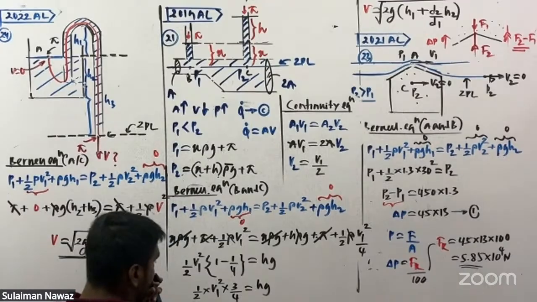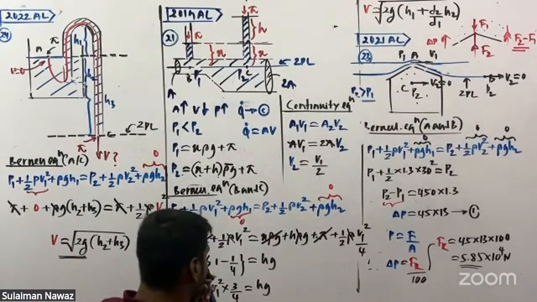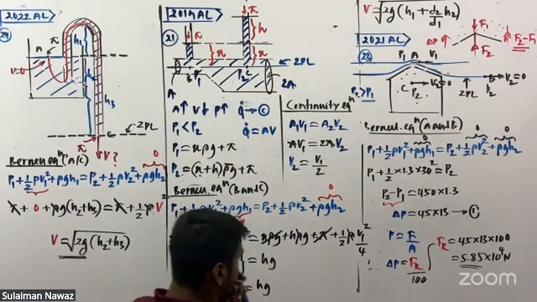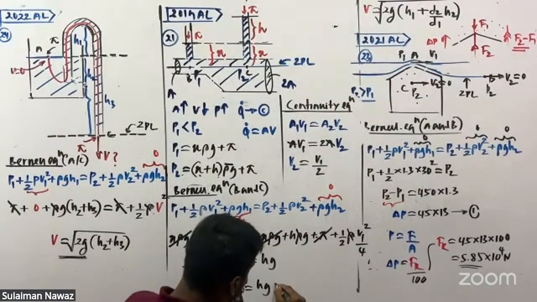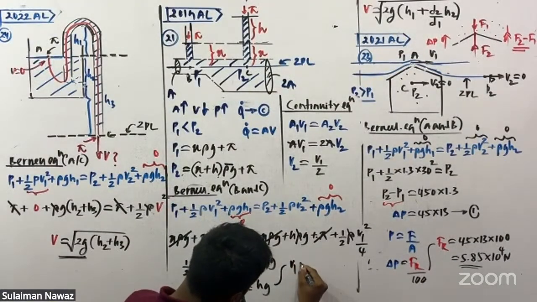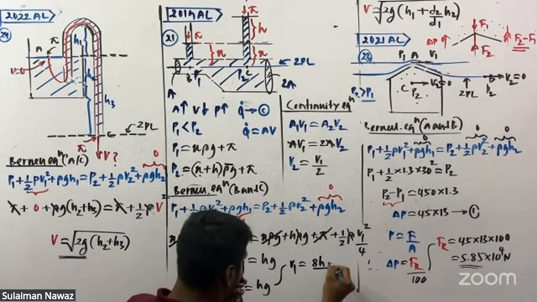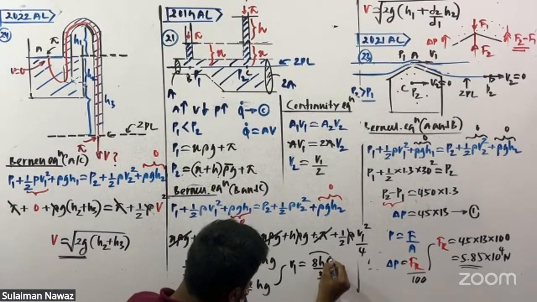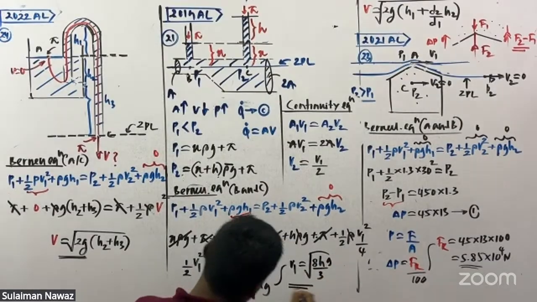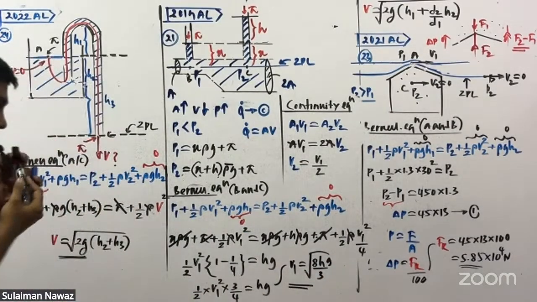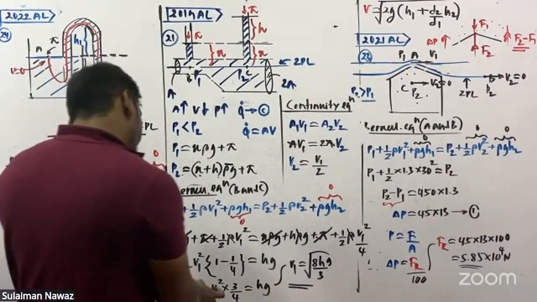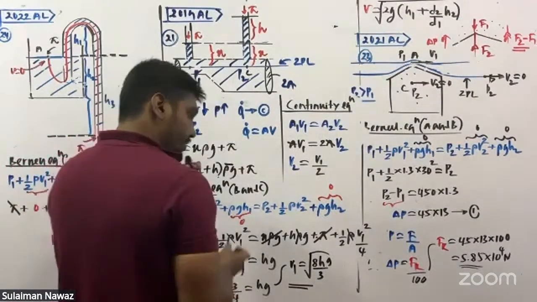We simplify, and we are getting v1 as root of 8 hg over 3.